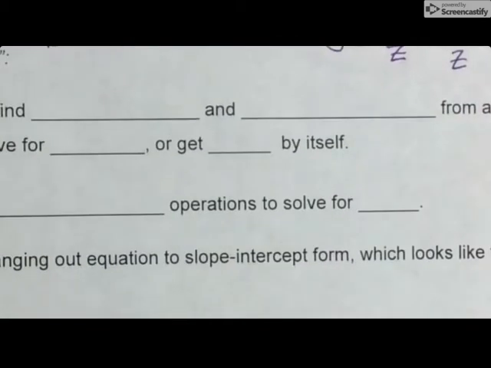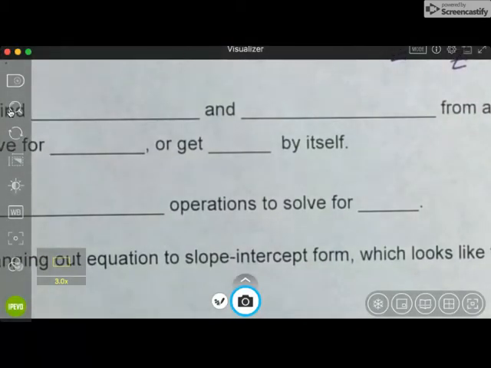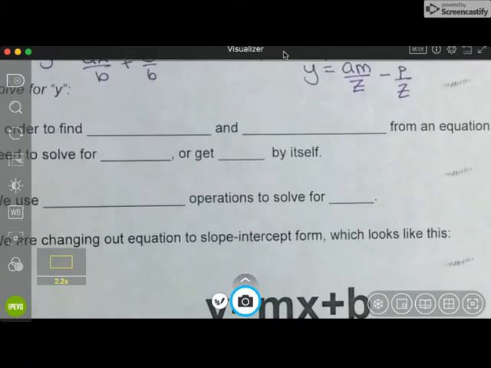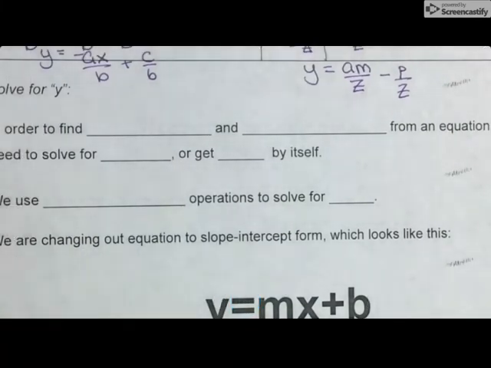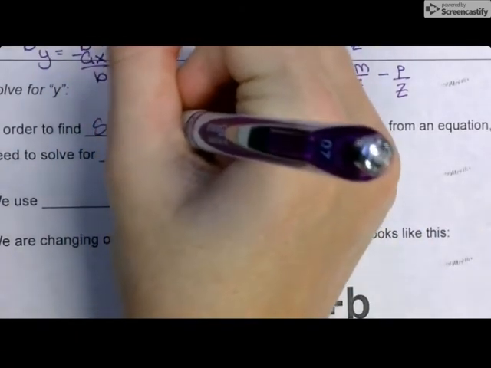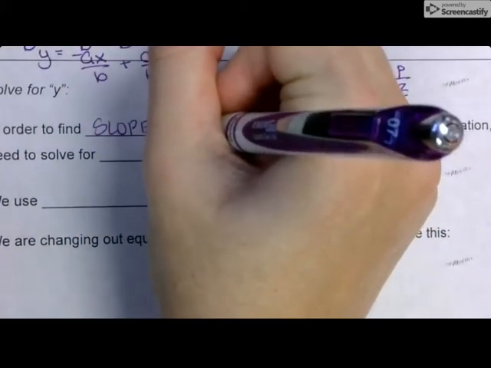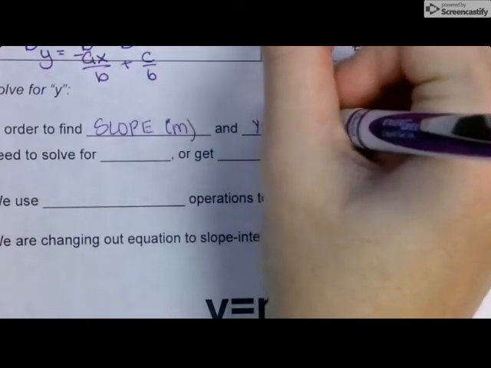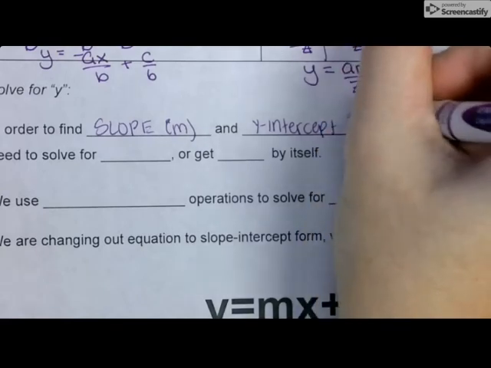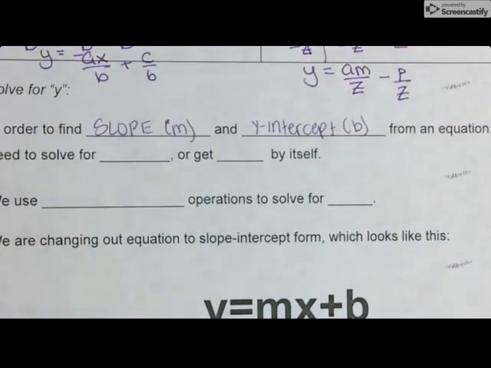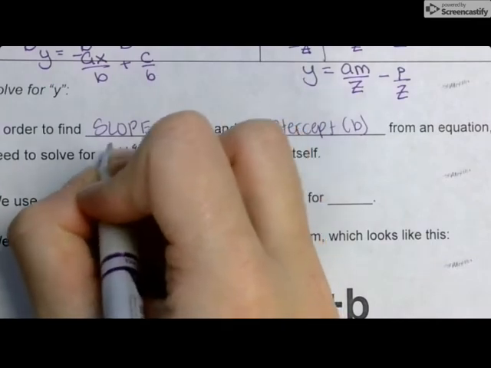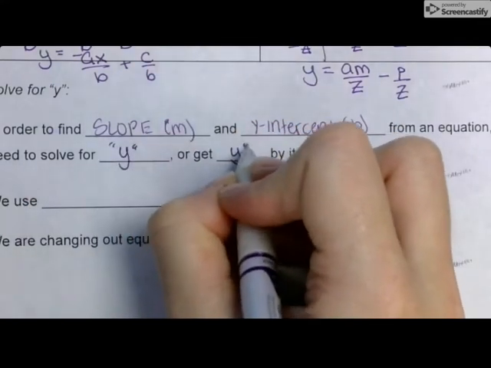So first, we are going to look at our words down here and our sentences and fill in the blank. So in order to find the slope, which is our m, and the y-intercept, which is our b, from an equation, we need to solve for y or get y by itself.